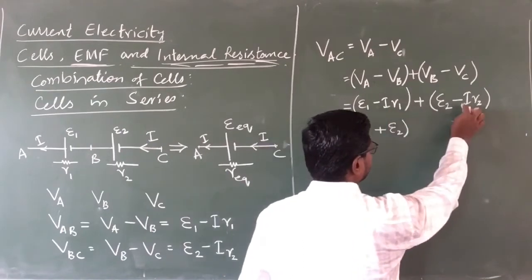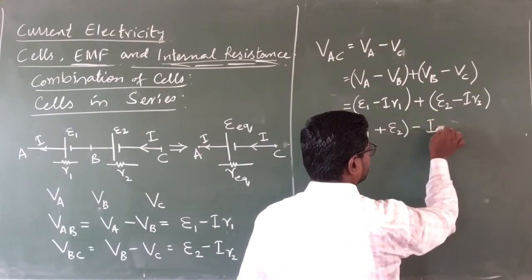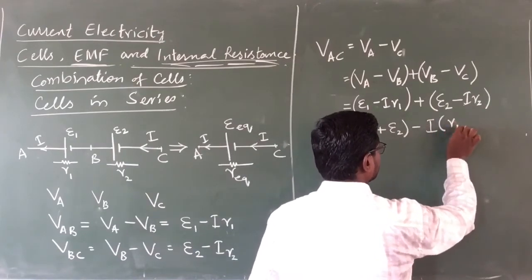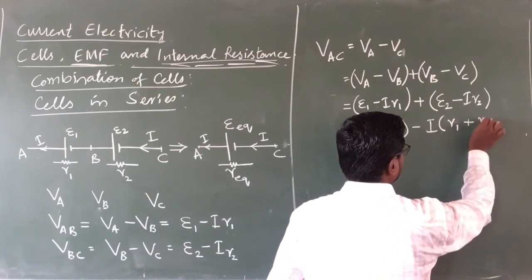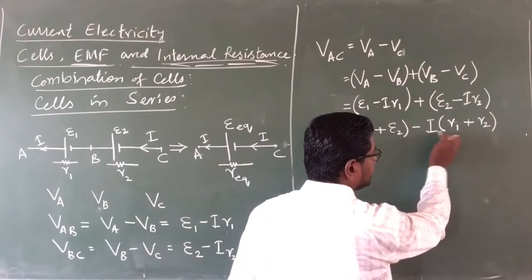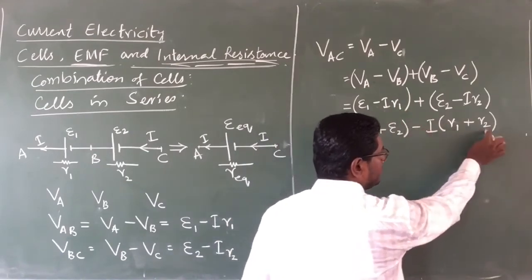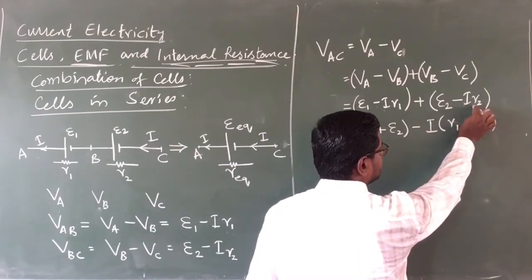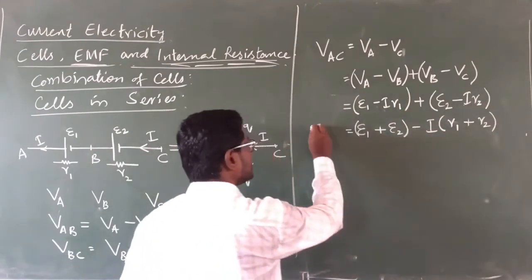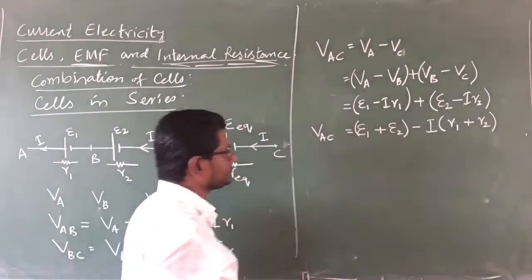So instead of taking these two as separate terms, I will take I common, and inside the bracket it will be just R1 plus R2. If I open this bracket, minus I into R1 will give me this term, minus I into R2 is going to give me this term. So what is this? This is my voltage across AC.